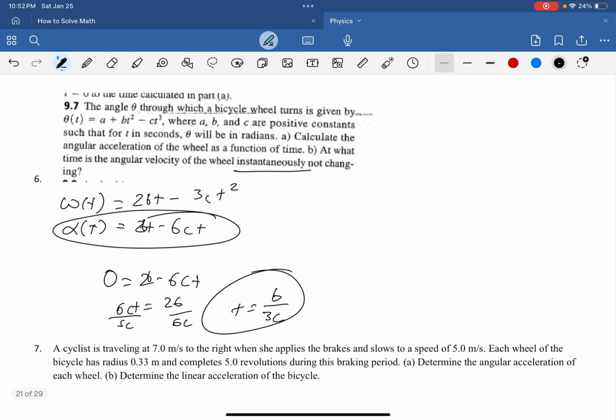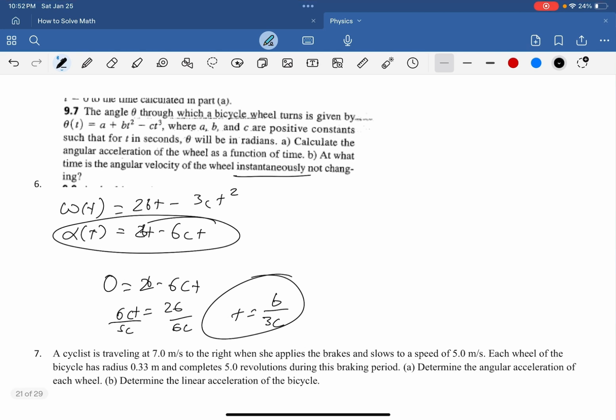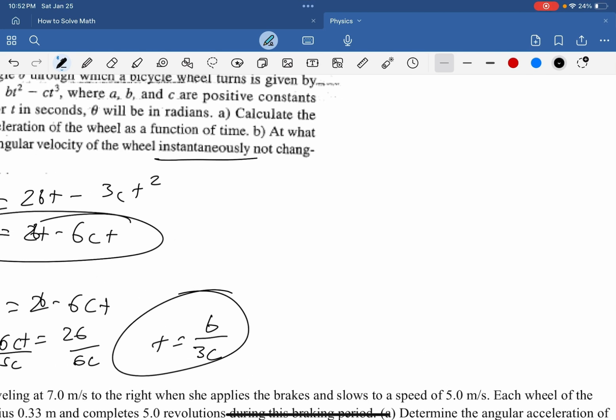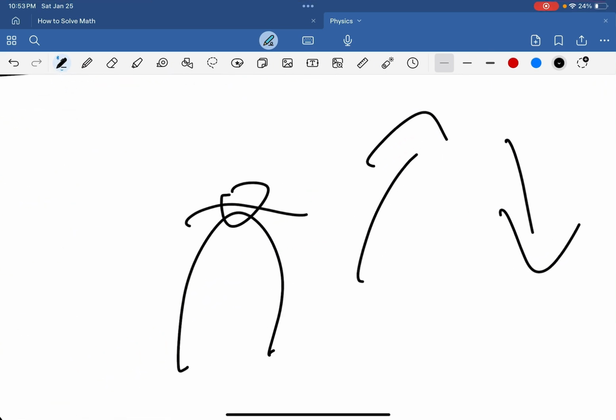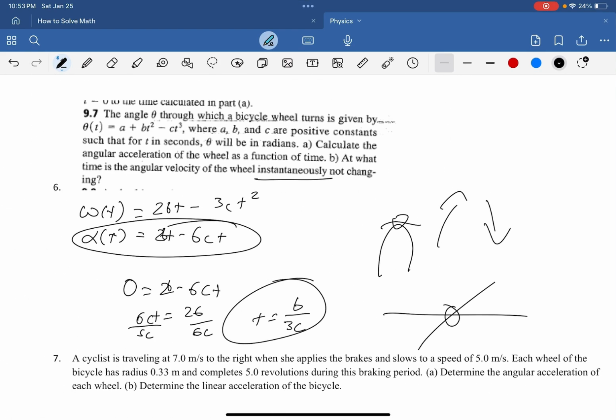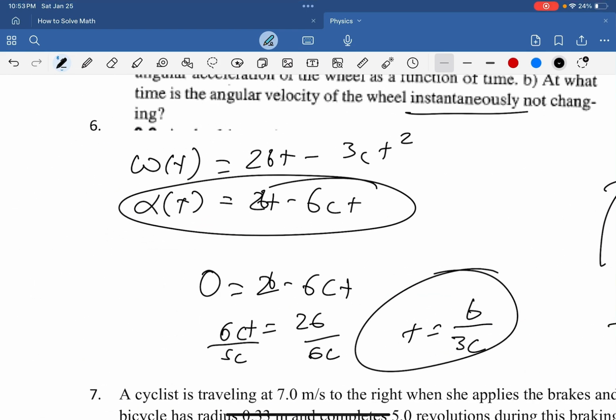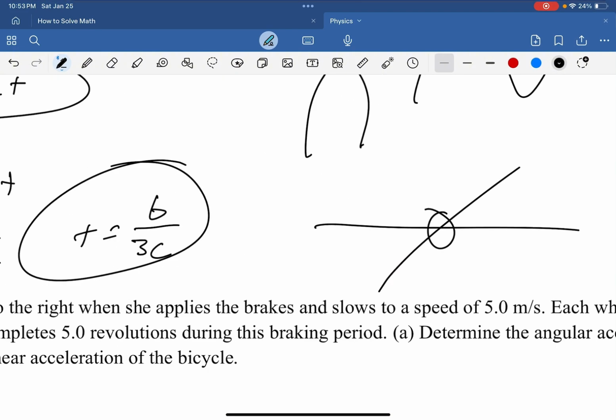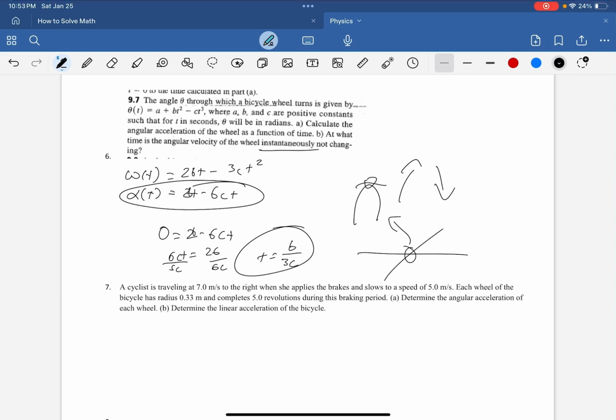What it means by angular velocity is not changing at that exact second, I think it means that instead of this point right here, it goes from increasing to decreasing, which at this point in the derivative would look like this, where acceleration is going to change at 0. That's why I used 0 equals our acceleration function, which was 2vt, because that's when the velocity is going to change.